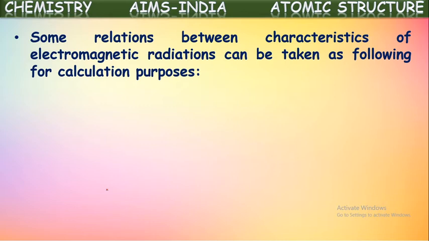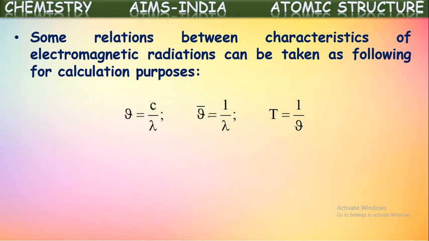Some relations between these characteristics of electromagnetic radiations can be taken as follows for calculation purposes. Based upon these properties, we get some problems in competitive examinations. So let us see the formulae. Nu represents frequency and lambda represents wavelength. The relation between these two is nu is equal to c by lambda, where c represents the velocity of light.